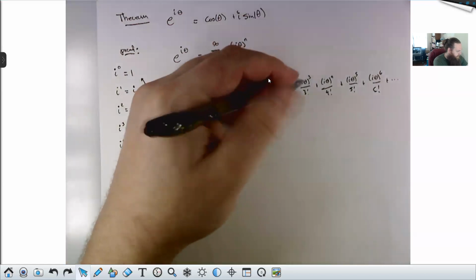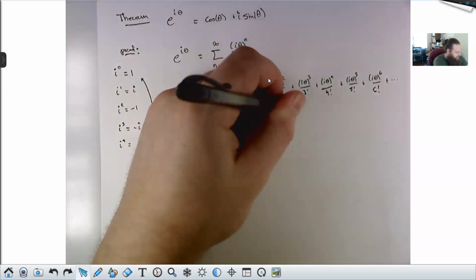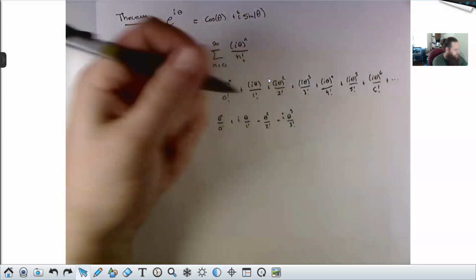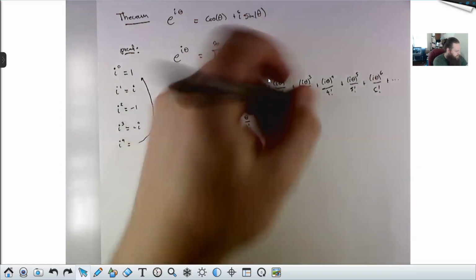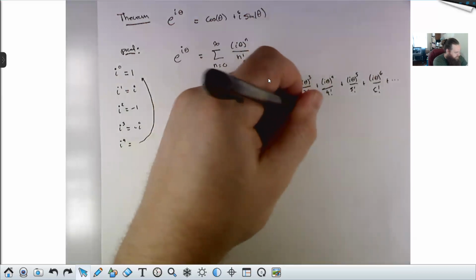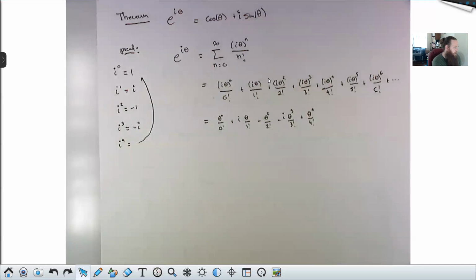And then i theta cubed is going to be minus i theta cubed over 3 factorial, because i cubed is -i. i to the 4 is 1 again, so this is plus theta to the 4 over 4 factorial. i to the 5 is the same as i to the 1, right?